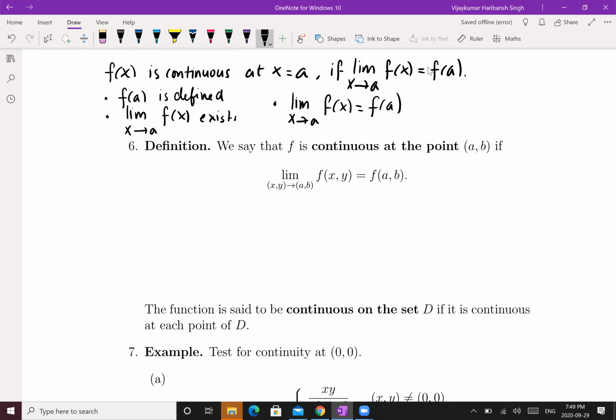So the same three things should be valid for this function of two variables. Namely, one, f of (a,b) is defined. Second, the limit as (x,y) goes to (a,b) of f of (x,y) exists.